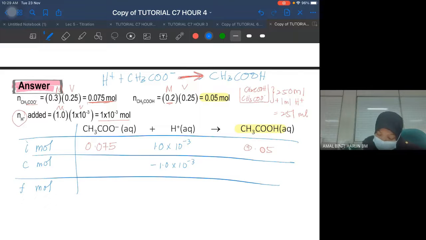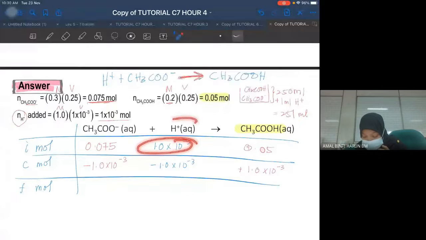Okay. So nak neutralkan sebanyak ni, dia perlu berapa banyak? So kali ini 1 mol, ini 1 mol. So dia akan berkurang sebanyak 1.0 exponent negatif 3. So kat sini dia akan bertambah sebanyak 1 exponent negatif 3. Okay, boleh faham tak part ni? Sebab kita tambah banyak ni, nanti jumlah asid ni 100% ni akan dineutralkan.